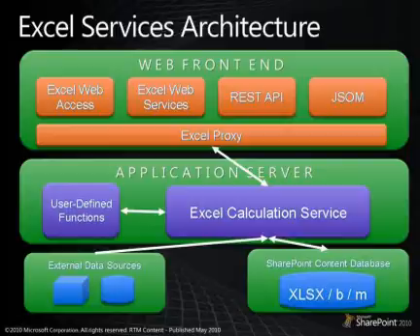The content databases are used for storing workbooks and content, the service application databases for storing information about the configuration of the service app, and then finally the farm configuration database. As with the previous version, the SharePoint server provides the platform for hosting ECS and storing as well as the security of the workbooks as mentioned earlier.